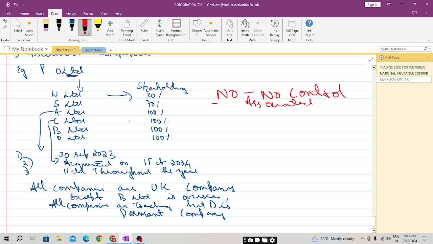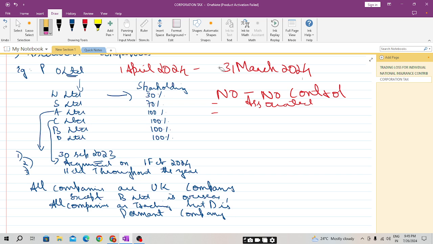A Limited 100%. So control is there, but we have a note that it was sold on 30th September 2023. Our accounting period is 1st April 2023 to 31st March 2024. We'll keep it simple. But students, we have seen the rule: if the company is associated for part of the accounting period, then for the whole accounting period it will be treated as an associated company.